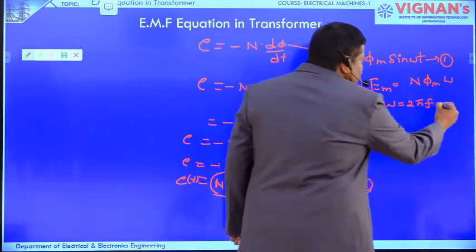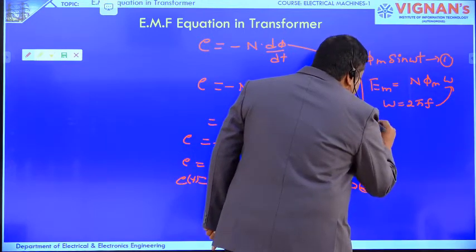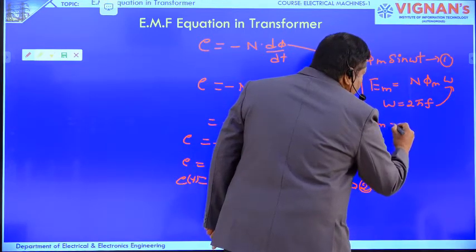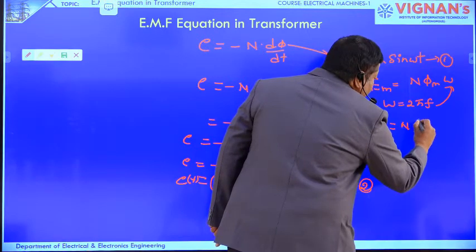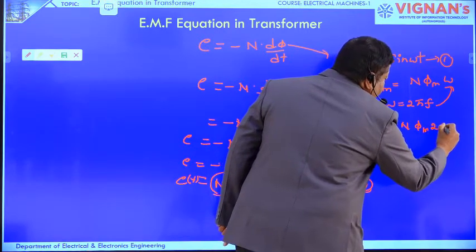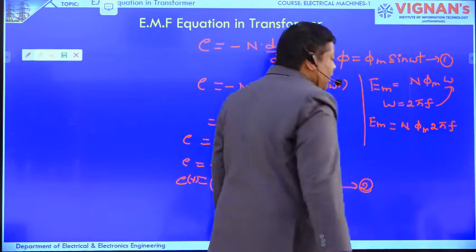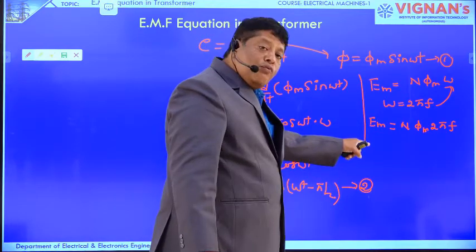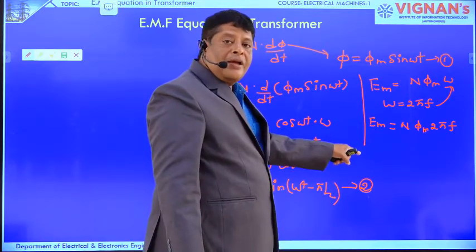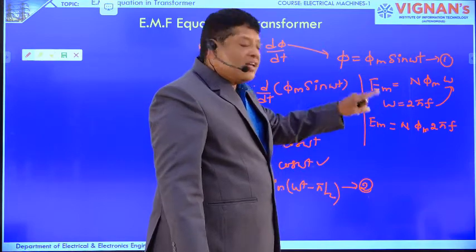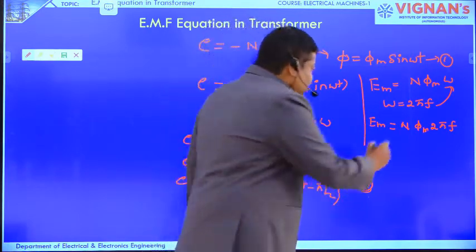Substituting this value, Em equals N φm 2 pi F. This is the maximum voltage induced in the primary winding or the secondary winding.